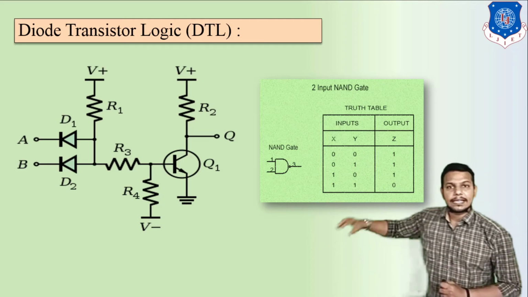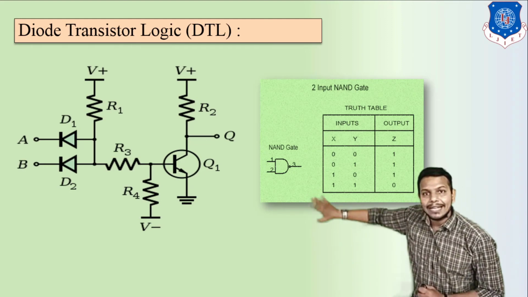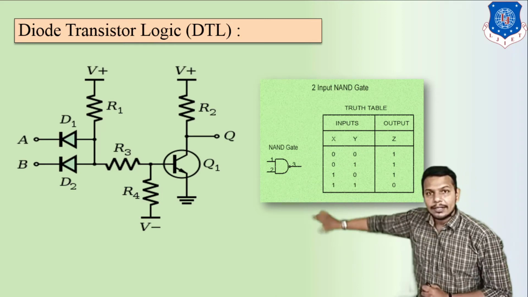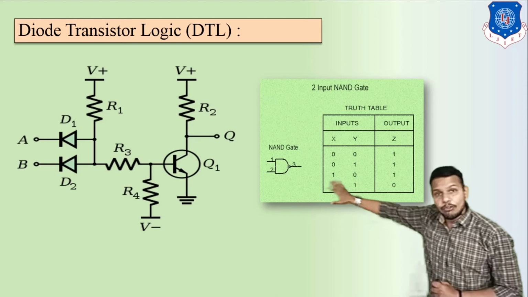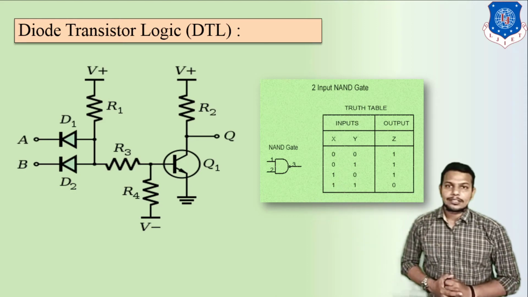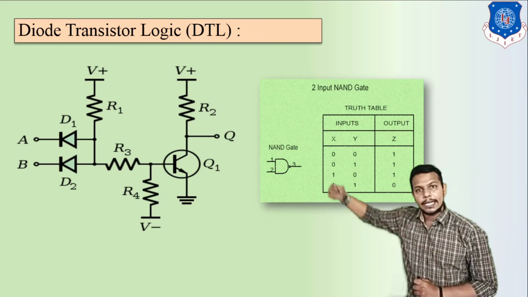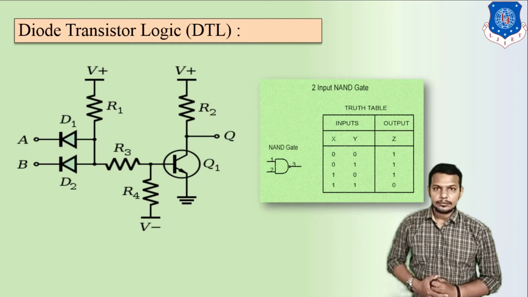Because if I apply 0 0, then both the diodes are short circuited. If I apply 0 1, then one diode will be short circuited. If I apply 1 0, one diode is short circuited. That means your current flows directly to the A or B side, not to the base terminal side.